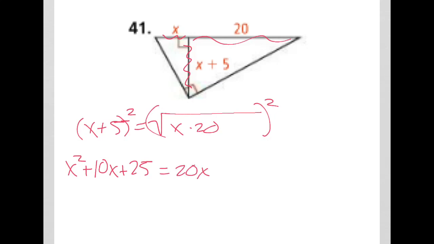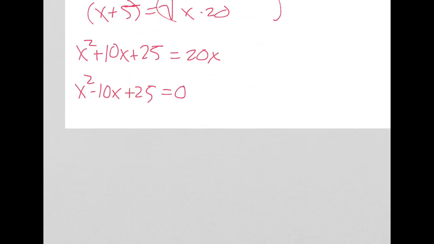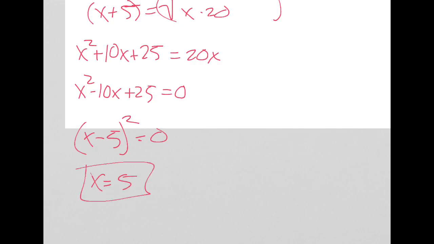And we'll subtract 20x from both sides to get x squared minus 10x plus 25 equals 0. And that will factor as x minus 5 quantity squared. So my solution is x equals 5. And you could absolutely, again, use the quadratic formula, but if you know how to factor, it makes it a lot easier.